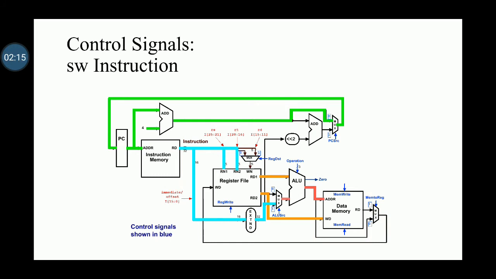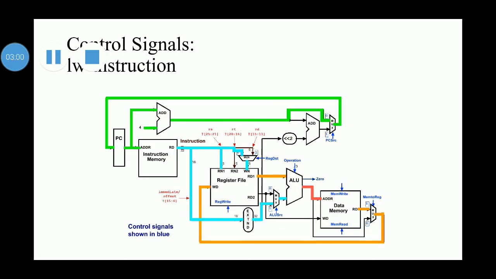Coming to the control signals for the store word instruction, ALUSrc is set to 1 because we need to select the immediate path. The operation, 0 1 0, performs the add for address calculation. MemWrite is set to 1 here, MemRead is 0, MemtoReg is don't care, RegDst is also a don't care here, RegWrite is set to 0, and PCSrc is also 0 here.